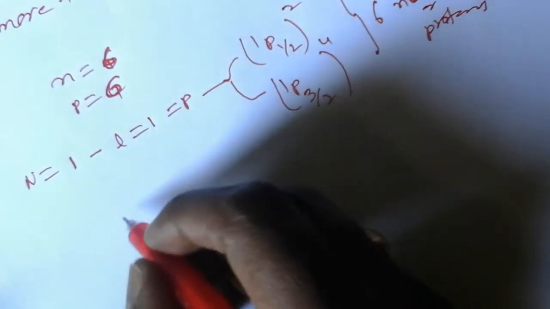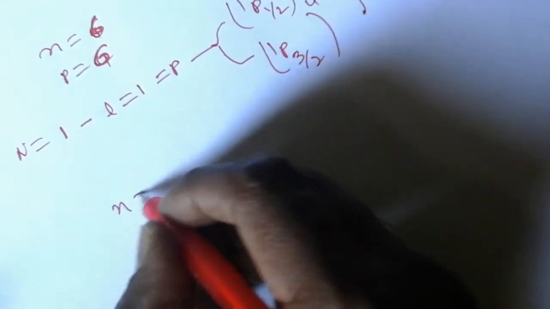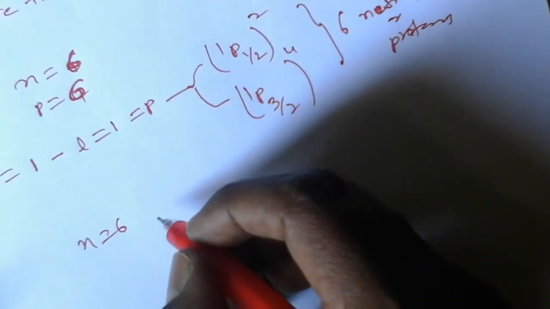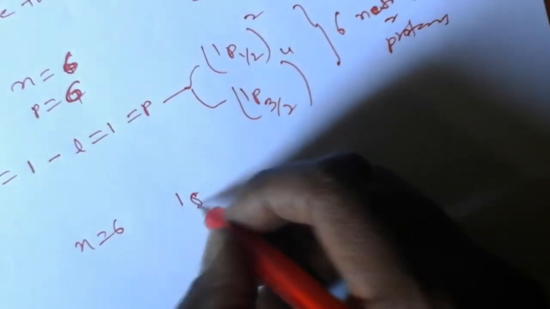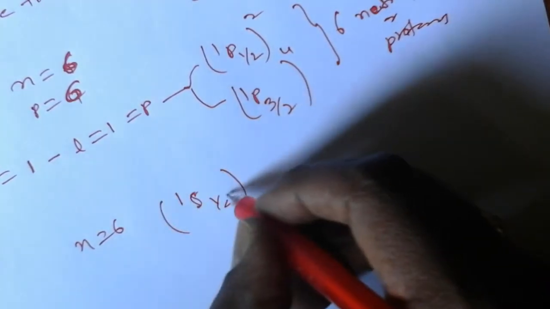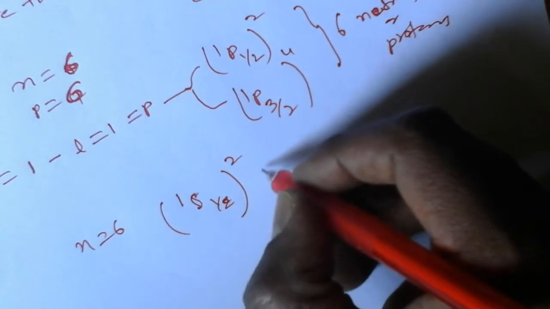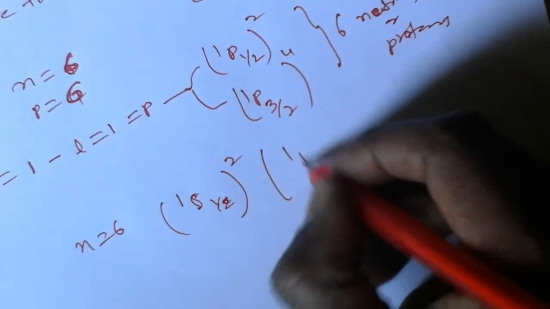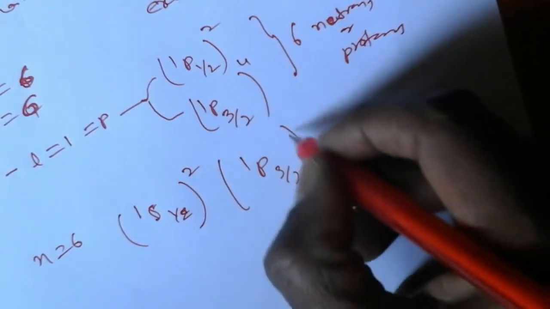Then for n equal to 6, I can write first 1s to the power of 2 plus 1p 3/2 to the power of 4.